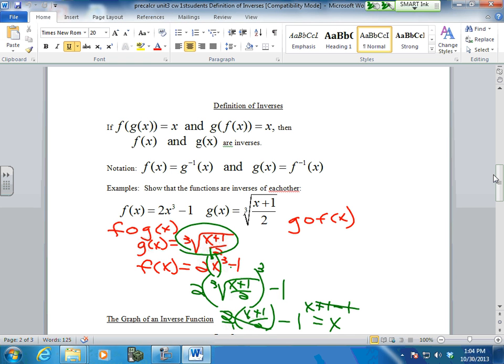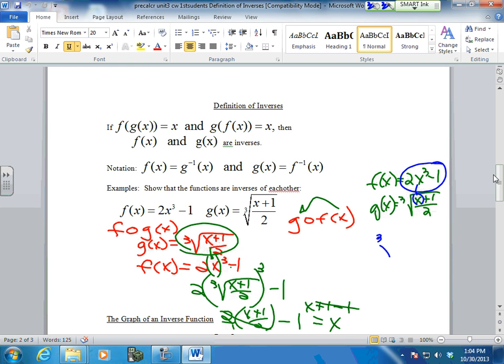Now we've got to check the other half. You're going to start with your f of x. You're going to put it into your g of x. It looks bad, but it's really not that bad. So we're going to take this whole function and replace just that x. See it? Slide this into there.